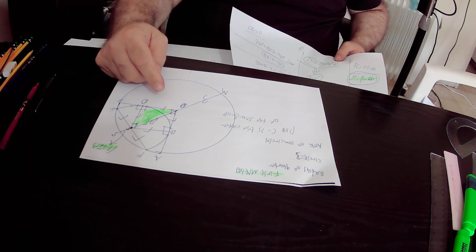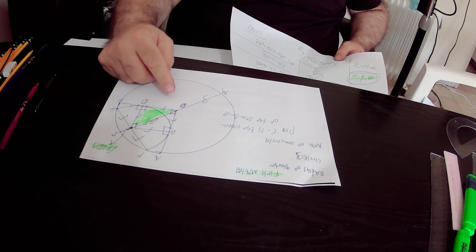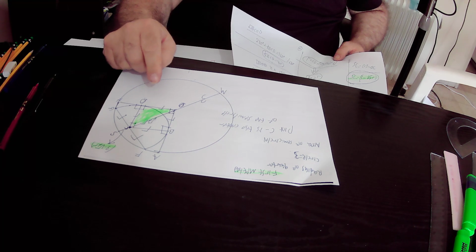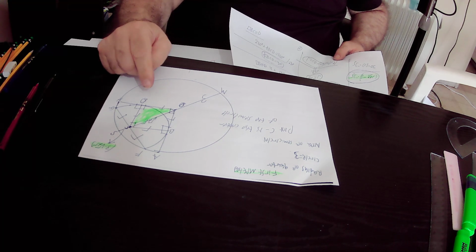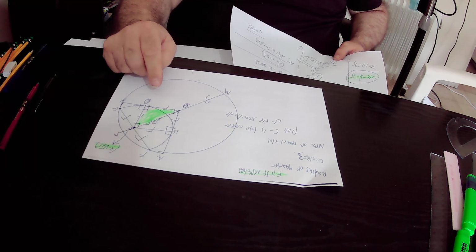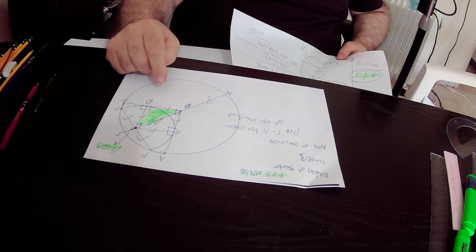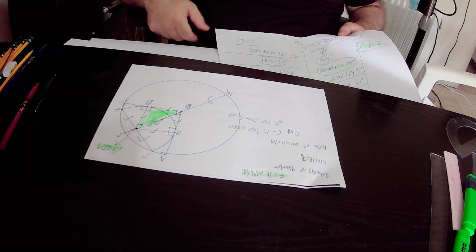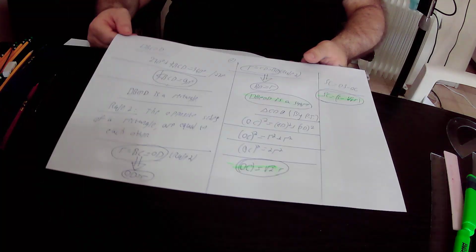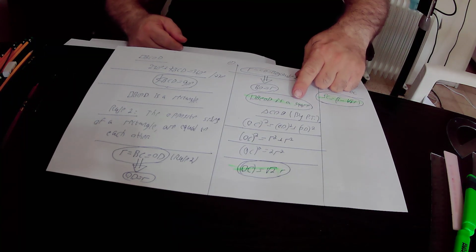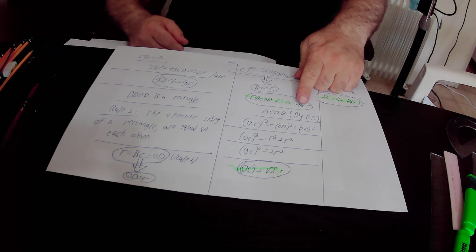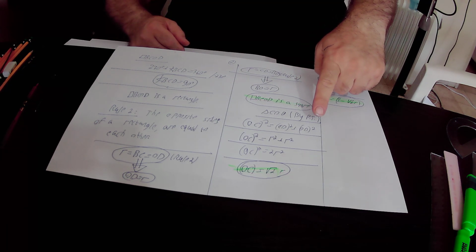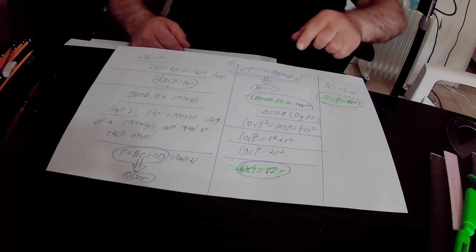In order to find out the length of diagonal OC, we implemented the Pythagoras theorem on the right triangle ODC. In this right triangle, the square of the hypotenuse equals the sum of the squares of the perpendicular sides, that is to say OC square equals OD square plus CD square.